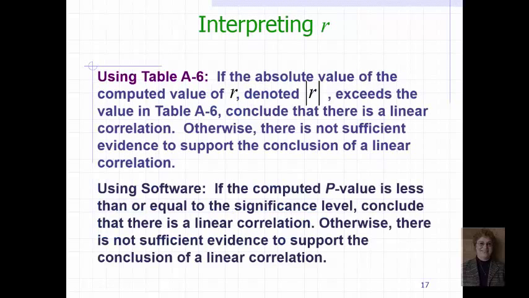How do we know if our r is statistically significant? Well, on that sheet I handed out at the beginning of the semester, there is a table called A6, Critical Values of the Pearson Correlation Coefficient r, and n is going to be the number of pairs, and then you have critical values either at the 0.05 level or at the 0.01 level.